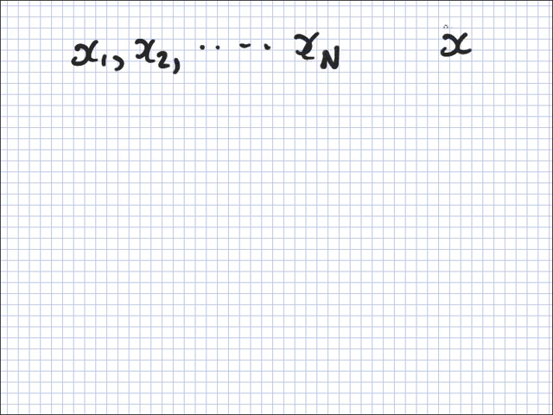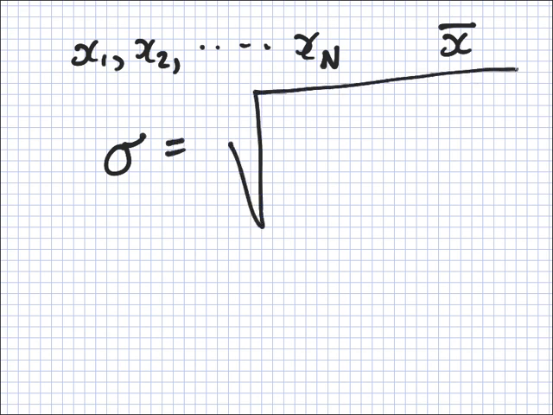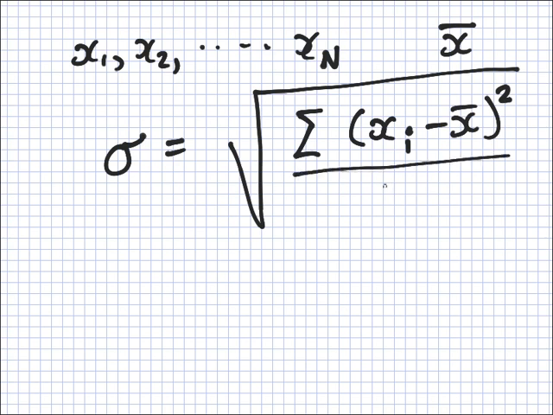The mean we'll write as x bar like that, the usual symbol for mean. We define the standard deviation as the square root. And what you do is you add up the difference between the data and the mean squared, and you divide by n here.